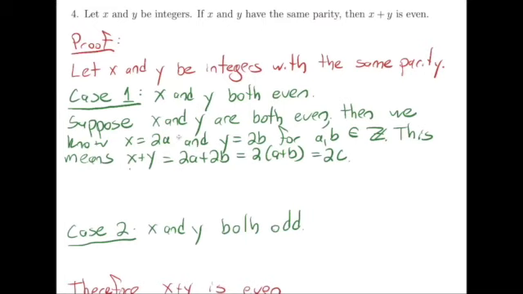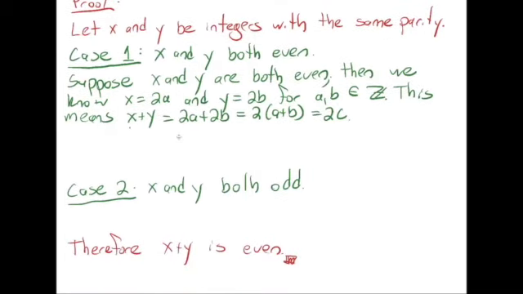Okay, sorry, I was trying to clear some space here. So, we've got X equals 2A, Y equals 2B. We want to show that X plus Y is even. So that's why I thought about, well, let's consider what happens if I add these two together.